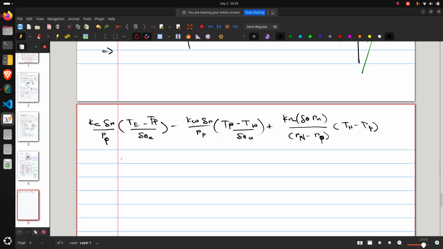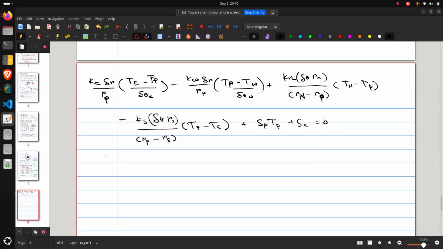Similarly, for the south face, we have K small s del theta r small s divided by r capital P minus r capital S times Tp minus T capital S, right? And same as before, Tp plus Sc equal to 0.